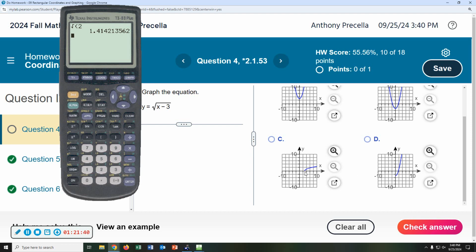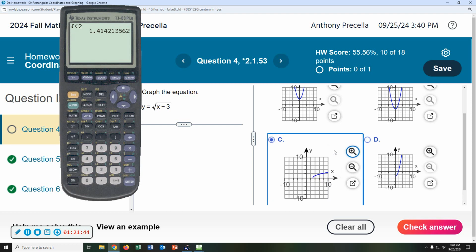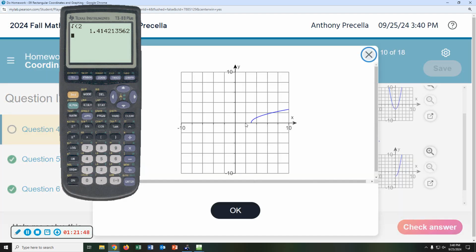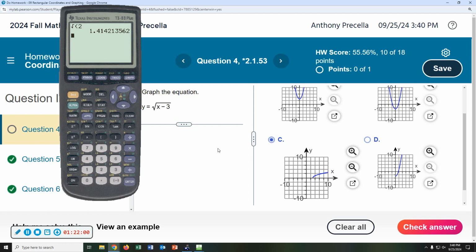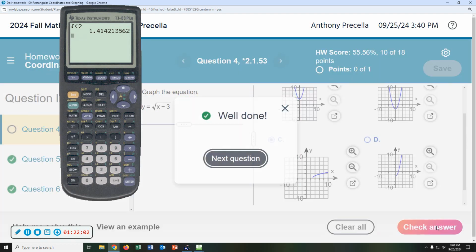The only thing that starts on the X-axis, and if you look, I guess they're incrementing in units of 2. 2, 4, 6, 8, 10. So 3 is right between 2 and 4. I think option C is the only thing that comes close.